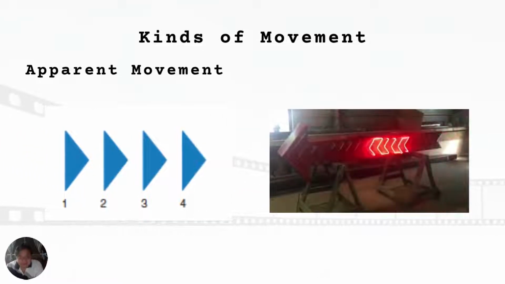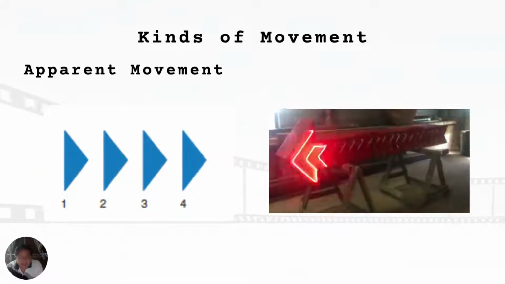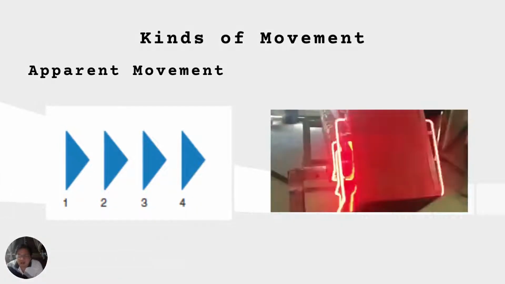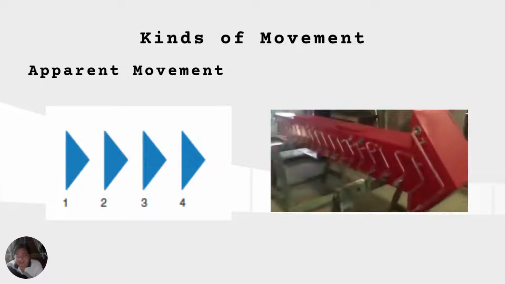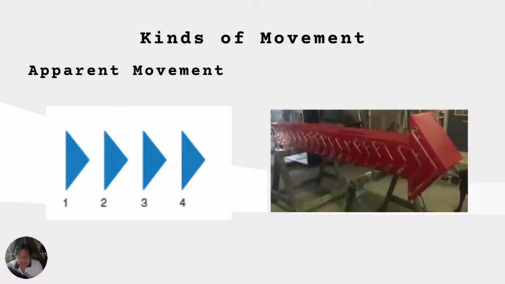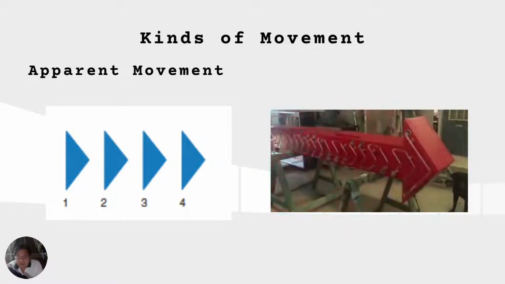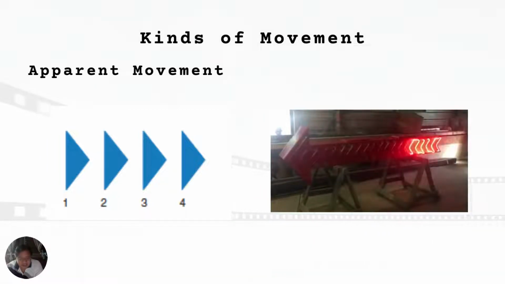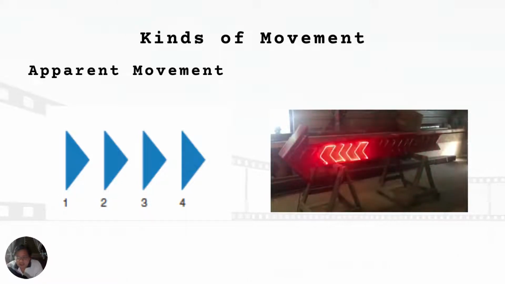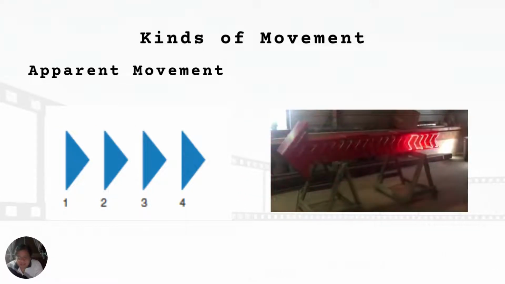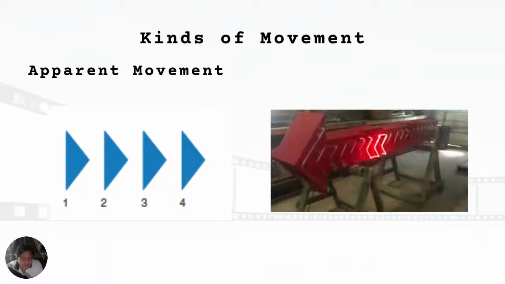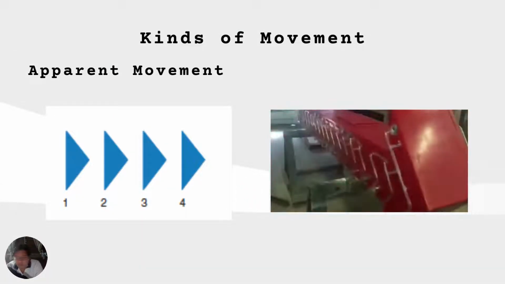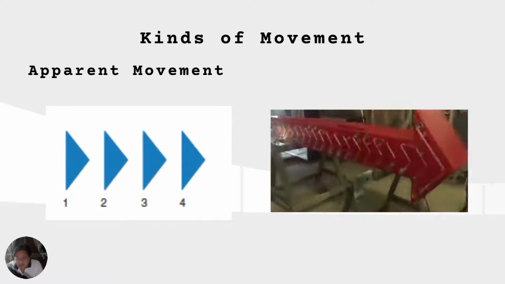Like this, for example. Okay, a series of stationary neon arrows on a lighted sign can give the appearance of a single moving arrow, if each arrow is lit for a short time in rapid succession. Okay, like seen by the numbers indicated on the left side of the figure, 1, 2, 3, and 4, the arrow appears to move.